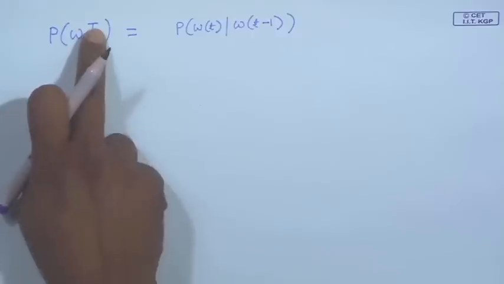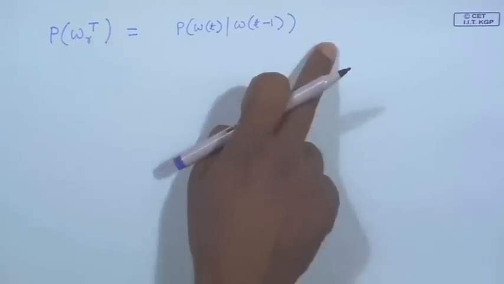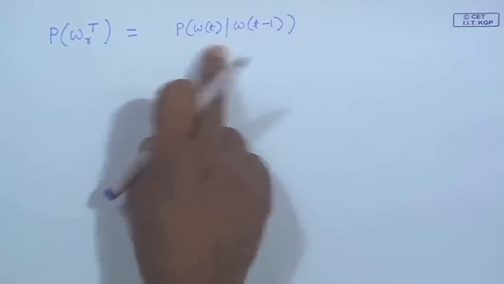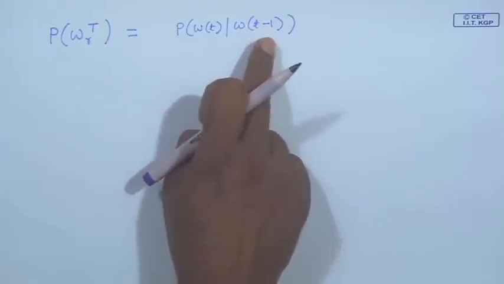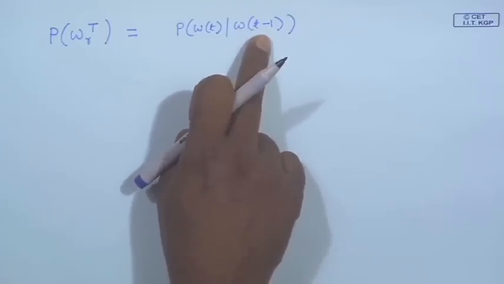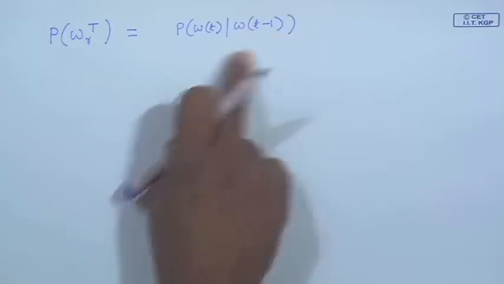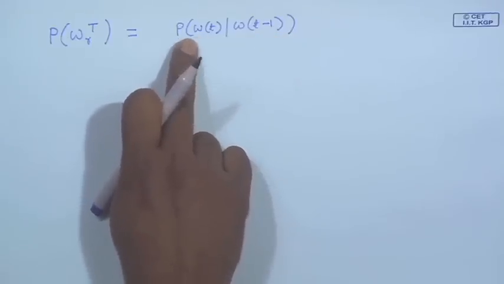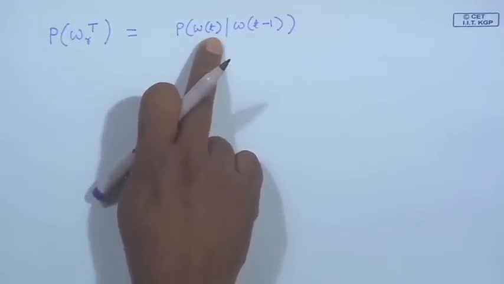This is the probability of transition from a state at time step t minus 1 to another state at time step t.